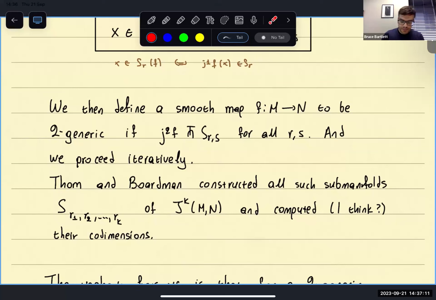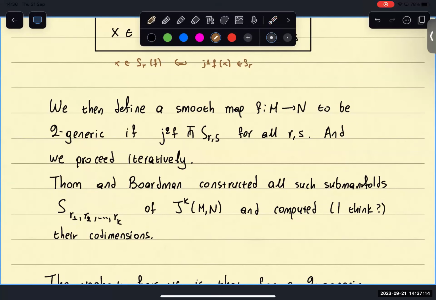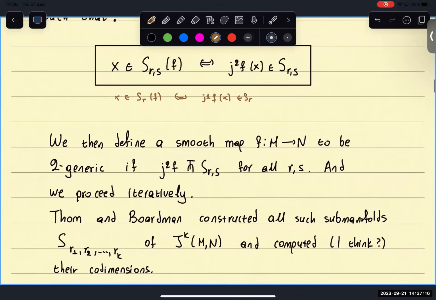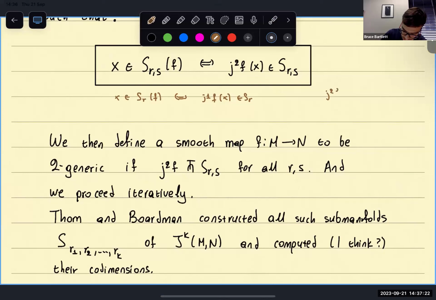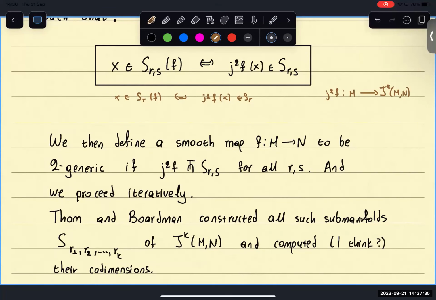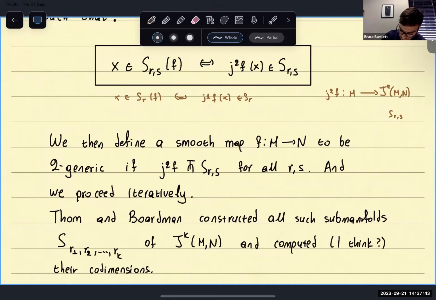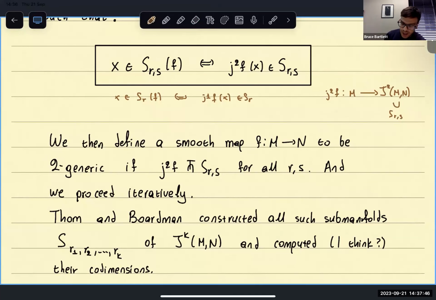Yeah, so that is transversality. You have this map j^2 f from M to the second jet space, and the S_R^S are submanifolds there.